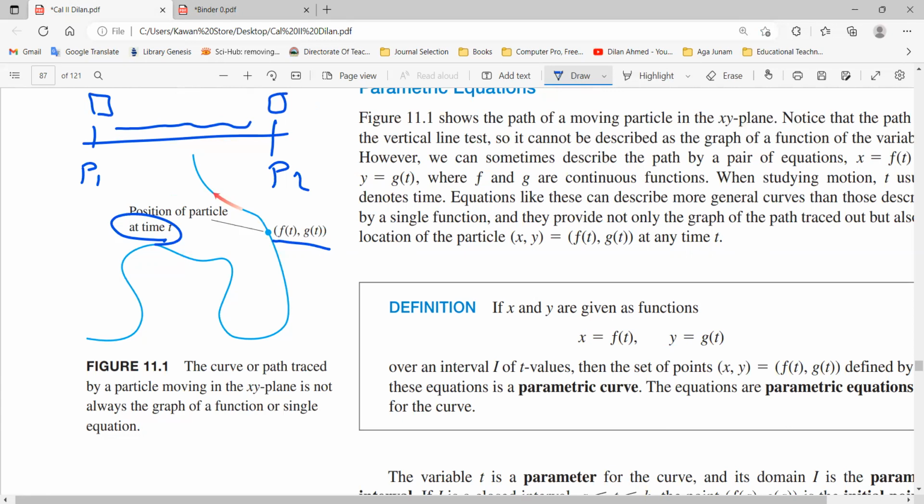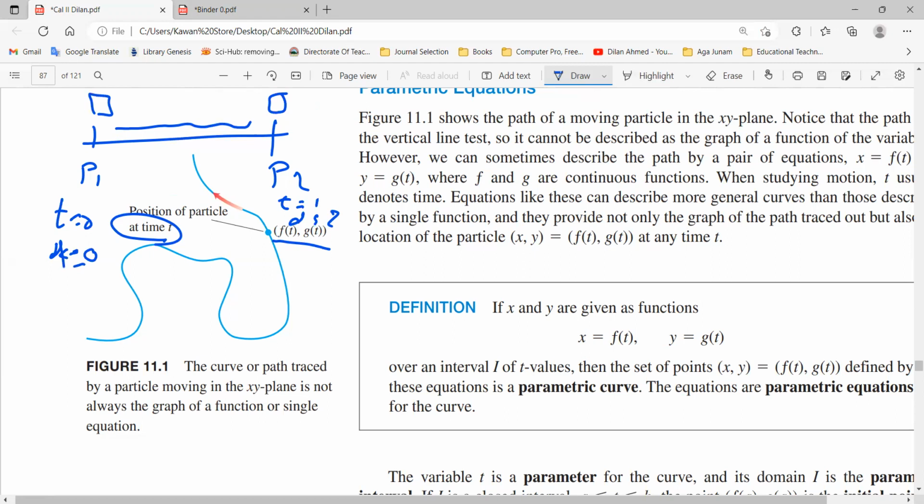But in physics, beside the distance, we have something else. What? Another parameter, time, right? Here time is 0. Here is after, for example, an hour. And we also have kilometers. From here the distance is 0, and here is, for example, 2 kilometers. So you can see at the same time you have 2 or 3 variables. We will change it to a parameter and we will solve it.